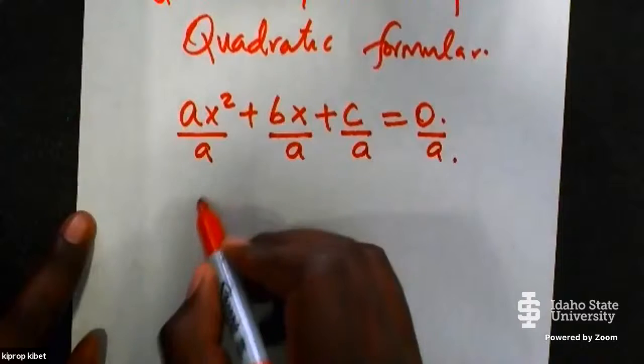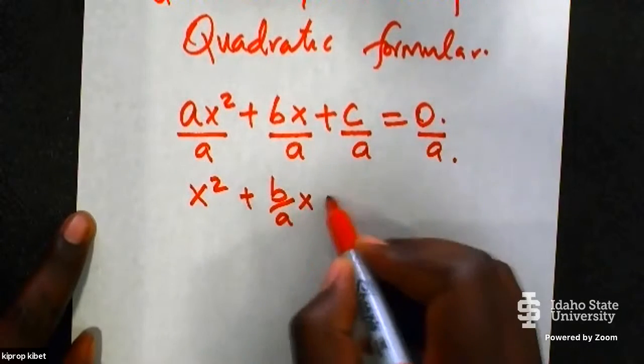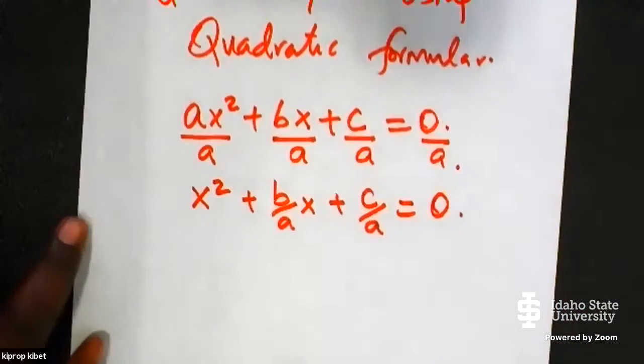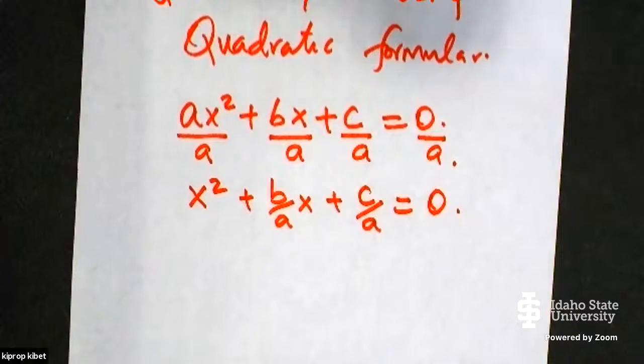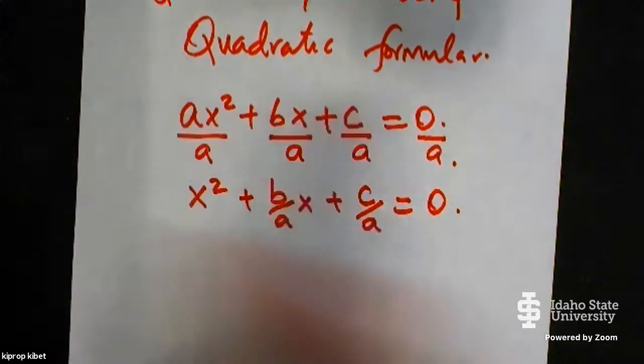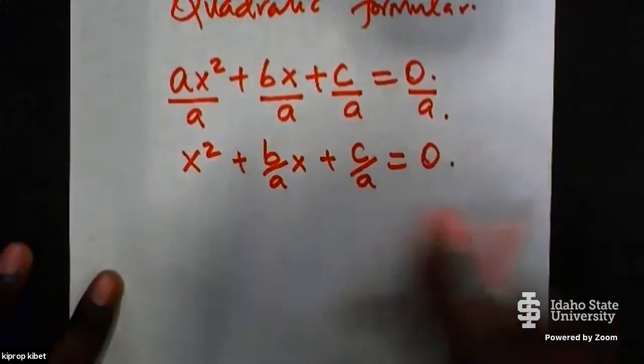So what do you get? x squared plus b all over a x plus c all over a equals 0. That's step number 1. Step number 2, take the constant to the other side.